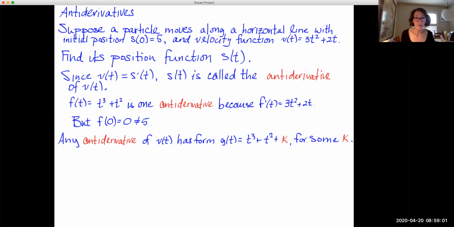So k could be any constant, and t to the third plus t squared plus k will still be an antiderivative. So we have infinitely many real numbers available to us to use for k.